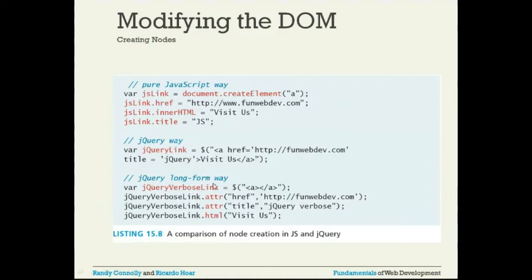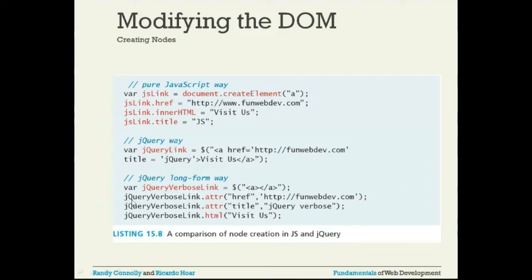This is the short form. This is the long form of doing the same thing. You will have jQuery verbose link, then dollar. You have the opening tag of the link, that is A, and the closing tag, and then you are going to call the attr method. If you remember the attr method, we can get the attribute, and we can set the attribute. I have this element already, a reference to this element.